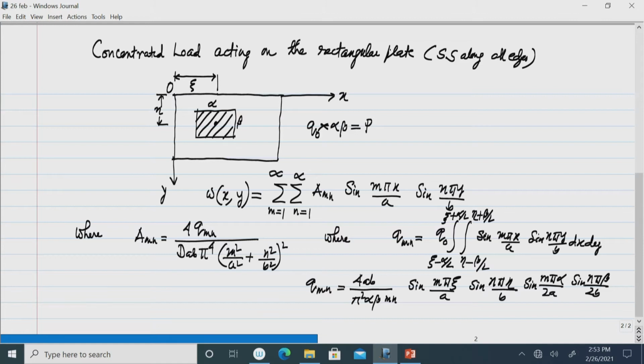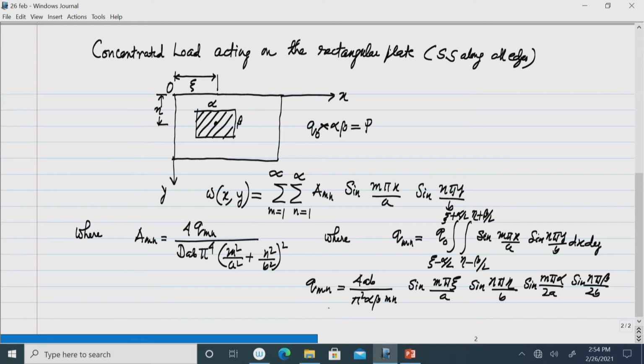Now, to find the effect of concentrated load, we shall assume that the area α cross β is very small. That is possible when, in the limit, α and β go to 0. Then the total load Q0 into αβ is concentrated at a point. This point is defined as the centroid of the load. So, we have to take the limit of this function.